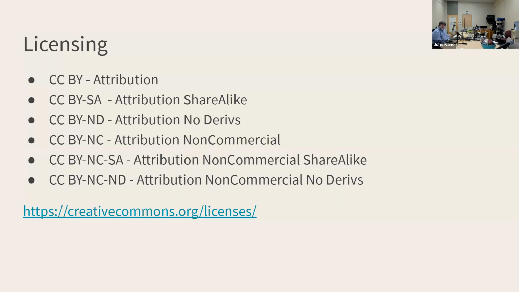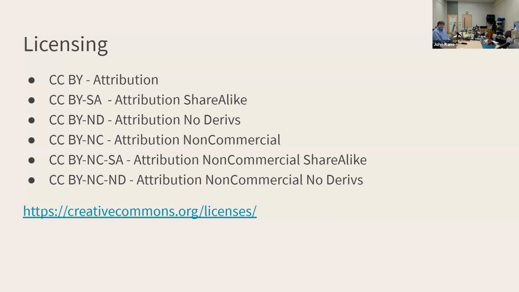The share alike license means that you're free to use this, but anything that you release must also be released under a CC BY-SA license, which means that commercial publishers could only use a work if they let anyone else use it for free with full permissions, which to some extent will make it unlikely to be used by commercial publishers, for example. But again, there's not a lot of student work that commercial publishers are going to want to grab. But in general, most students are pretty comfortable with the CC BY.